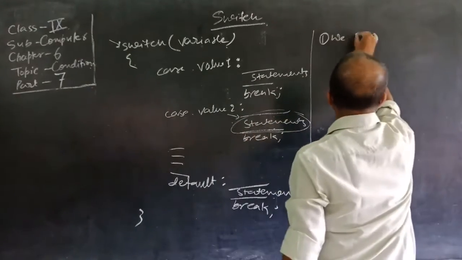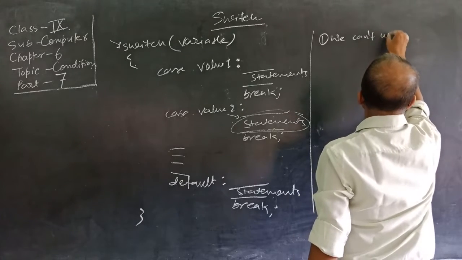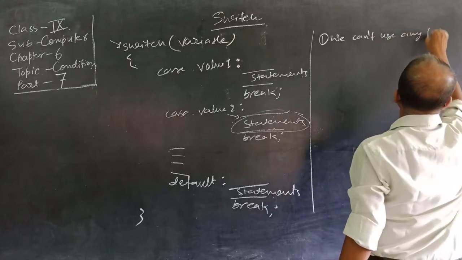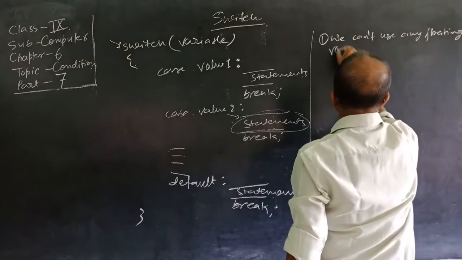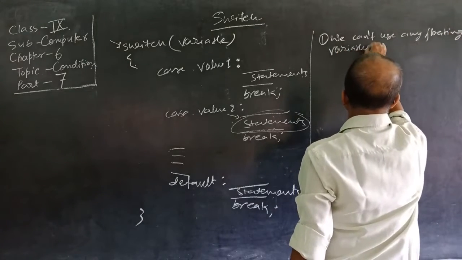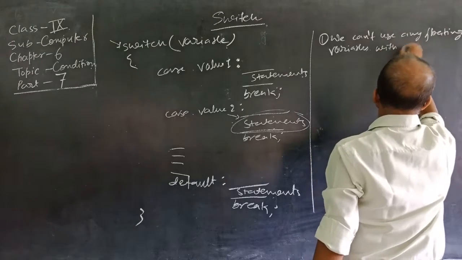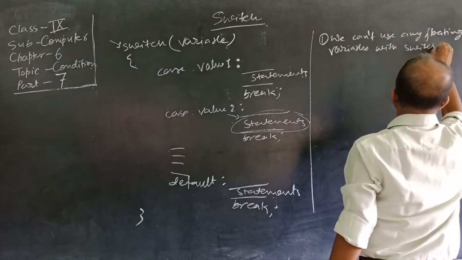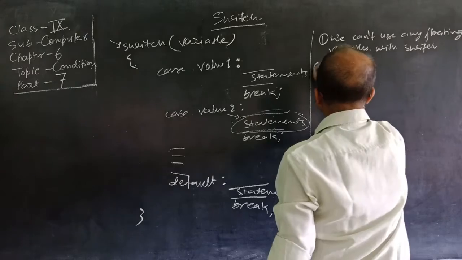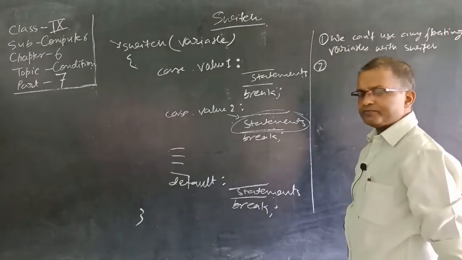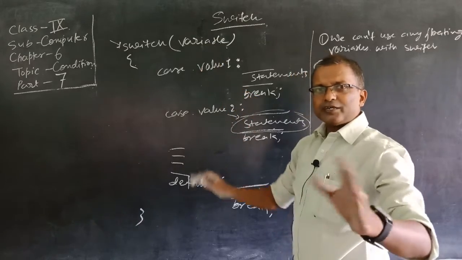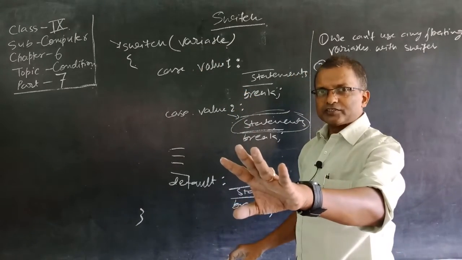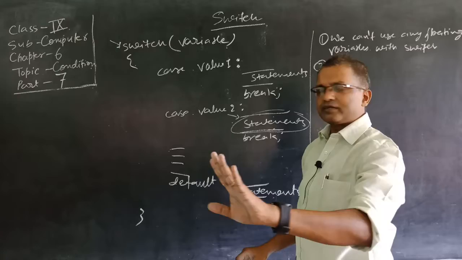So we can't use any floating variables with switch. Second point. In place of the variable, we can't use any relational or logical operators. Only arithmetic type operators can be used.